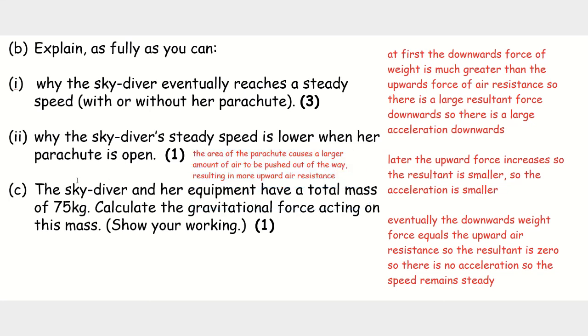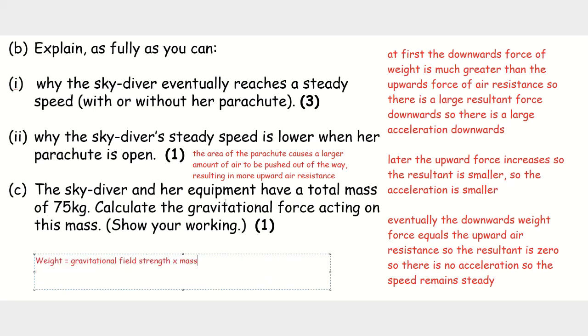Okay. Finally, the skydiver and the equipment have a total mass of 75 kilos. Calculate the gravitational force. You will probably have learnt the equation to do with this, and you will have in your mind that weight is gravitational field strength times the mass.